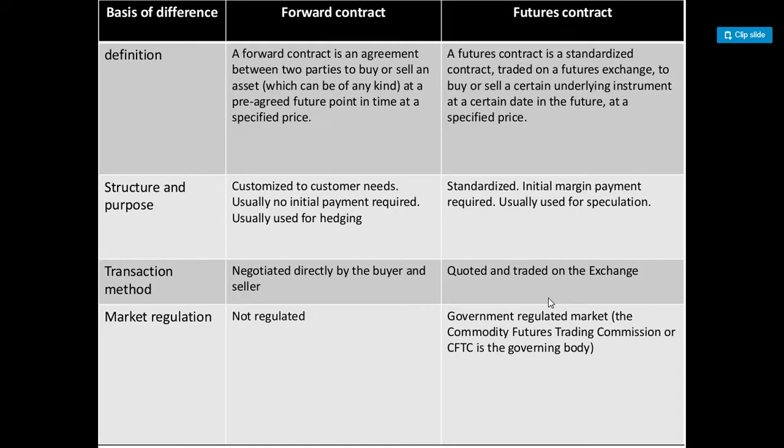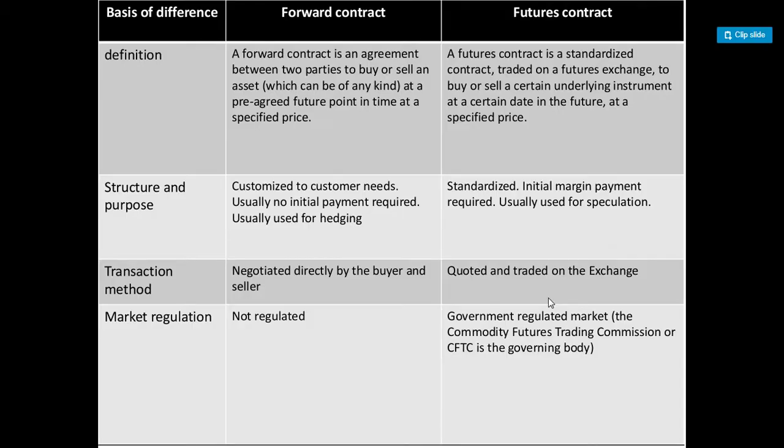Whereas a future contract is a standardized contract traded on future exchanges. Future exchanges in India are NSE and BSE. These are the standardized exchanges where the contract takes place to buy and sell a certain underlying instrument at a certain date for a specified price.